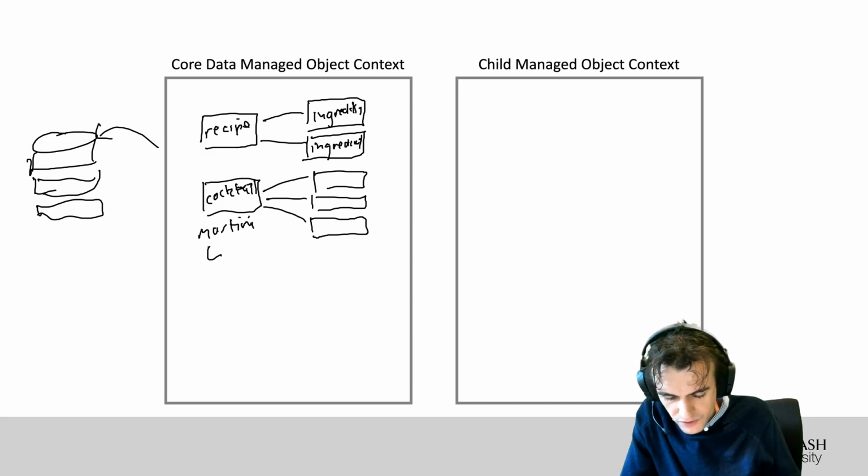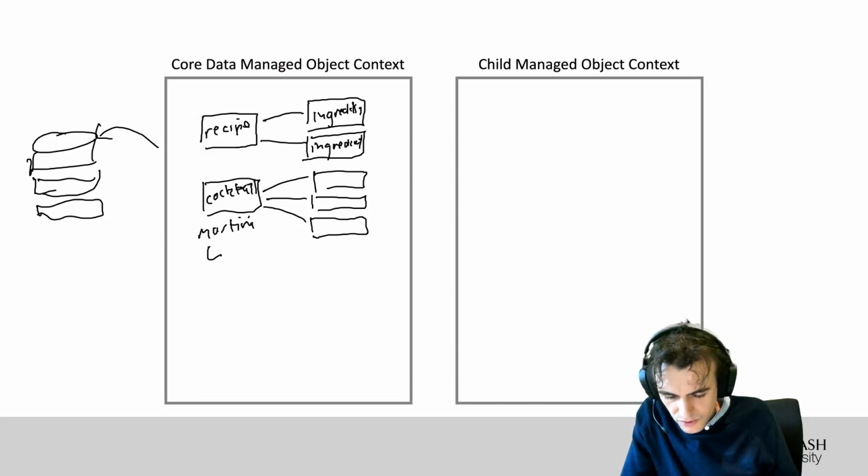We have a string, instructions. And if I make this change inside my standard managed object context, and I later at some point click save, that ends up in my database.